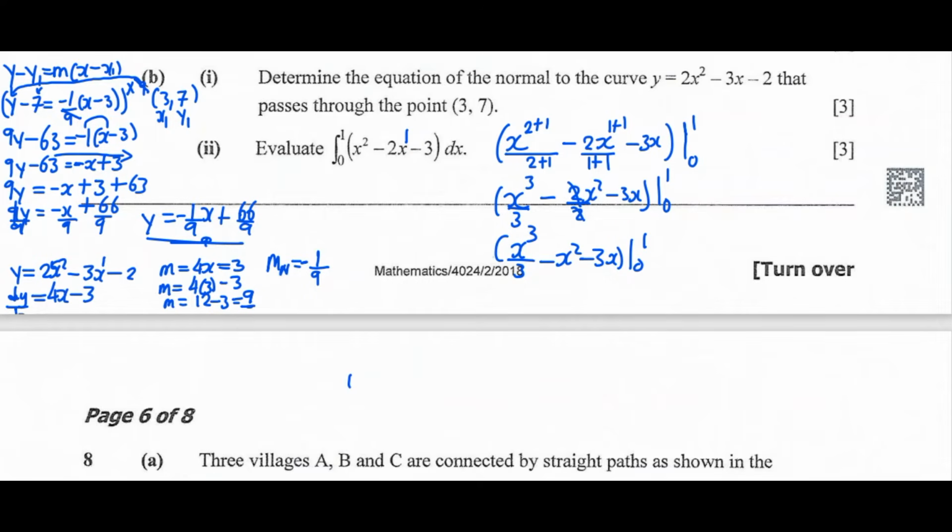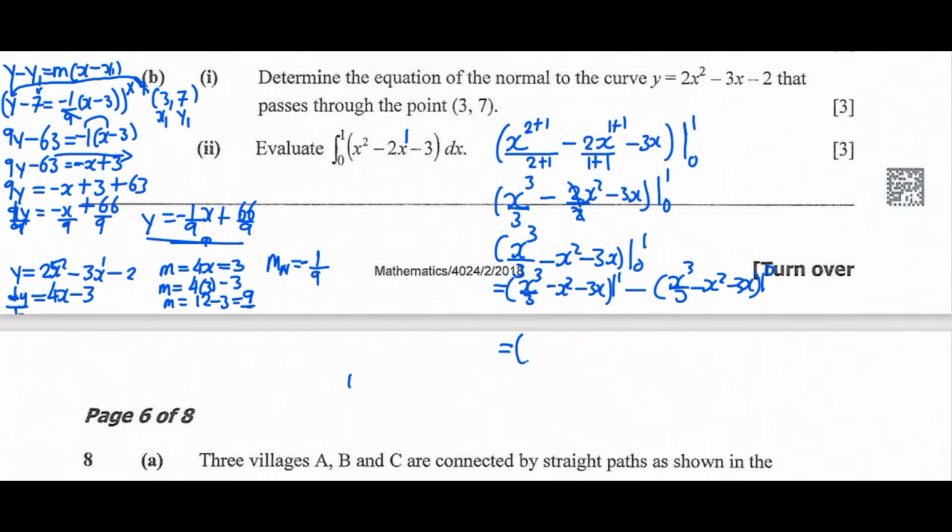Then upon reaching here, we need to make two brackets. So x raised to the power 3 over 3 minus x squared minus 3x will be evaluated using 1, minus x raised to the power 3 over 3 minus x squared minus 3x, then we evaluate with 0.